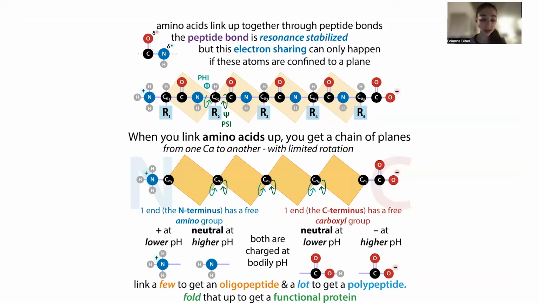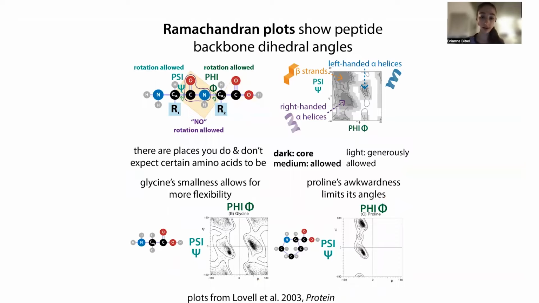Now, how we represent this restricted movement, we can draw these graphs, what we call Ramachandran charts. These are going to show you the backbone dihedral angles. So when we talk about these two angles, these are examples of what we call dihedral angles, and we have these angles between these different planes.